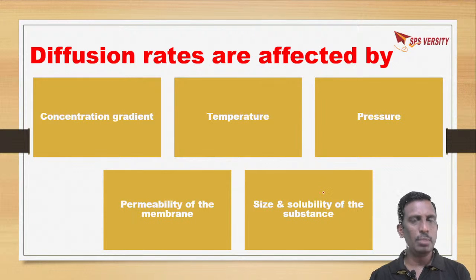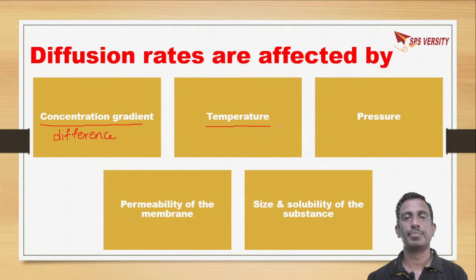A diffusion में a diffusion rate रहता, diffusion rate बोले तो the rate of movement of substances. So it is affected by various factors. So the first factor is concentration gradient. So gradient बोले तो difference from one point to another point.